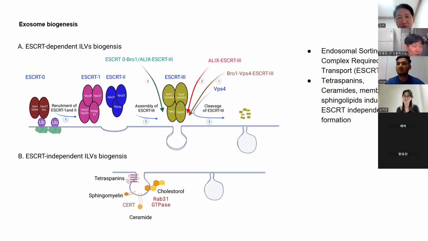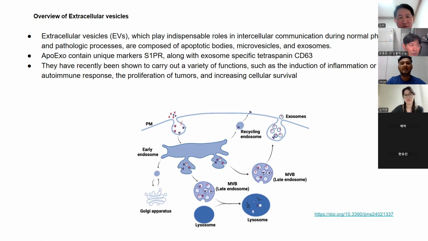Explain about the ILV? Yeah, the membrane invagination is intraluminal vesicle formation, which will be the early endosome. Maybe not at the late endosome. At the late endosome stage, the limiting endosomal membrane buds inside into the lumen, and then it can make the intraluminal vesicle, right?